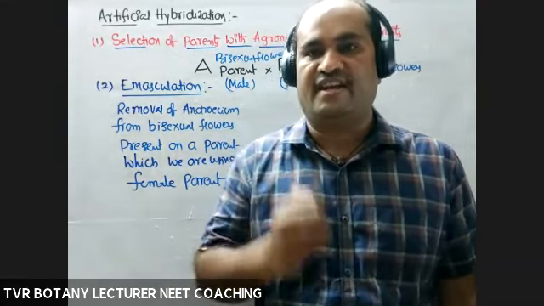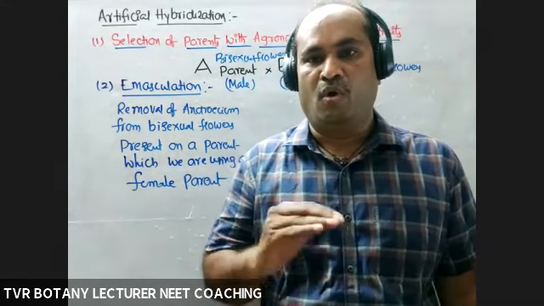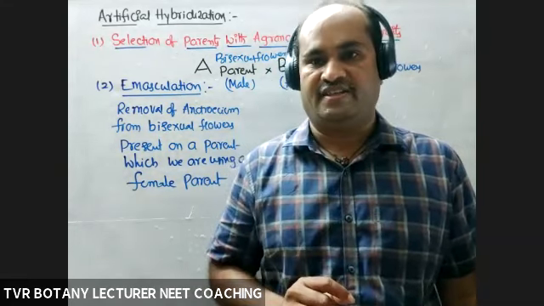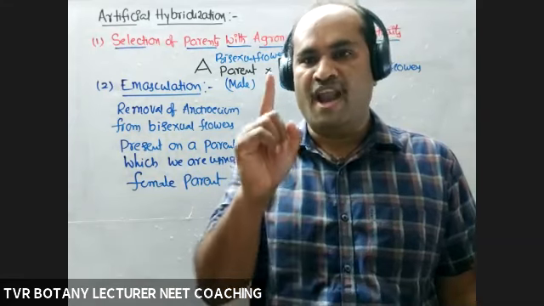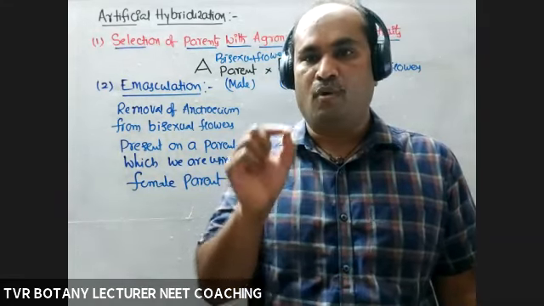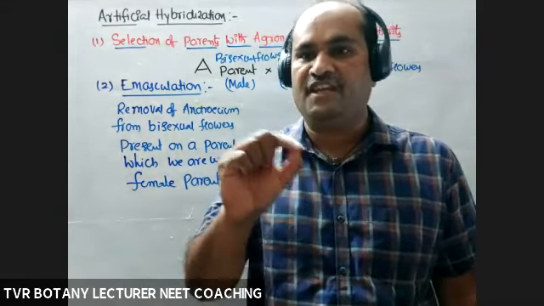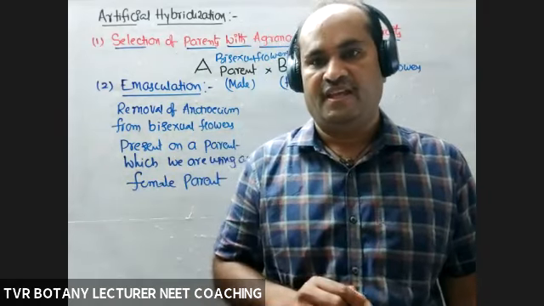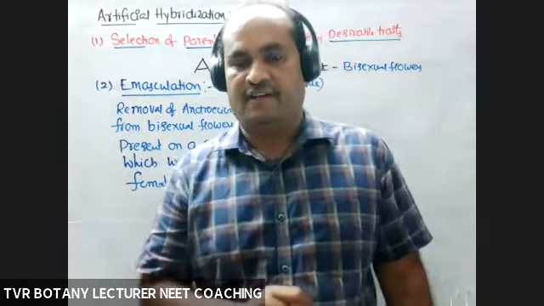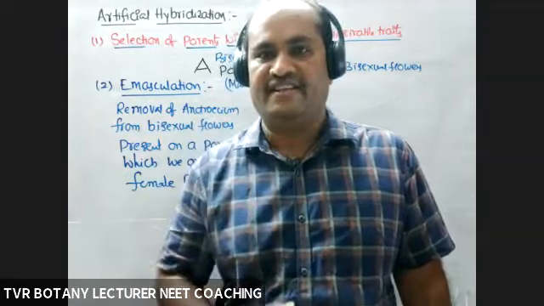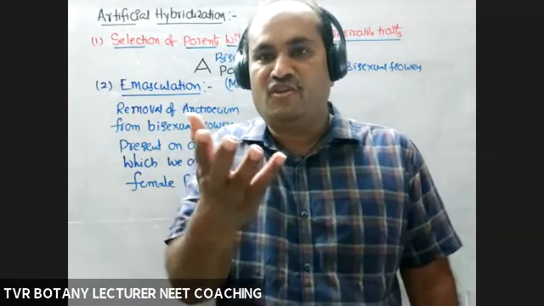What is monoecious condition? Mono, single, ecious, house. One plant with both male and female flowers. In a plant with a monoecious condition, there is no bisexual flower.